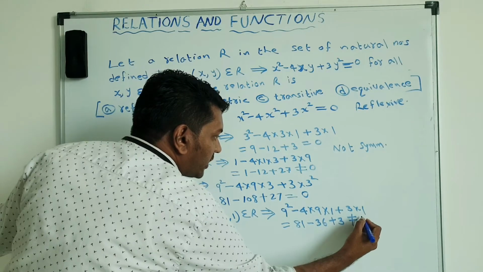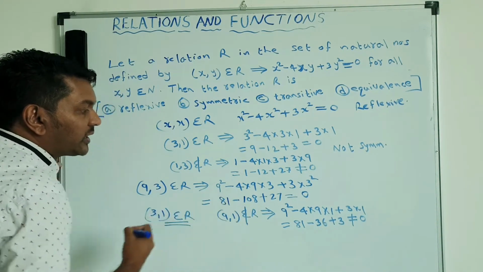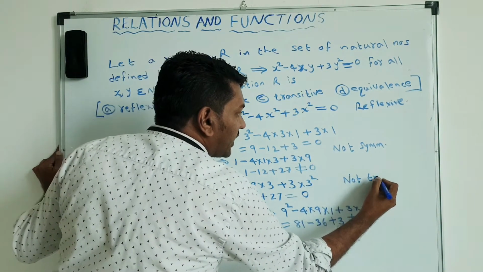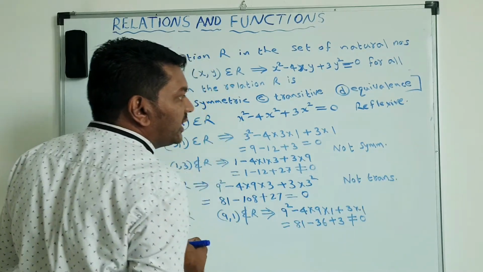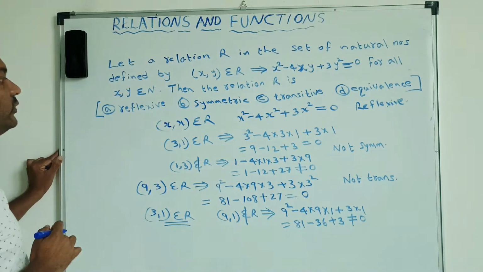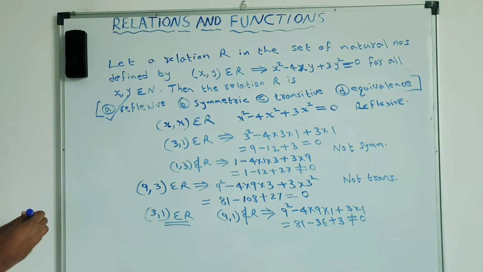This is not equal to 0. That means (9, 1) is not an element of R. That means it is not a transitive relation. So you got it is reflexive but not symmetric, not transitive. So our answer is option A, reflexive.